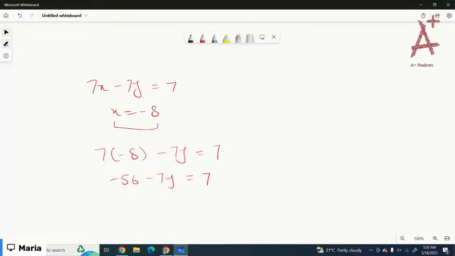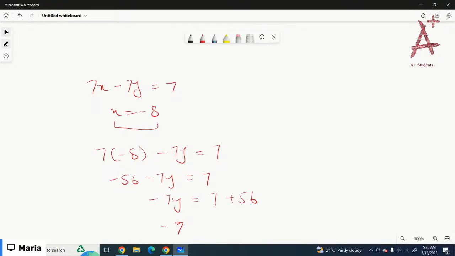Move 56 to the other side, it would then be added. And 7 plus 56 is 63, sorry, not 73.